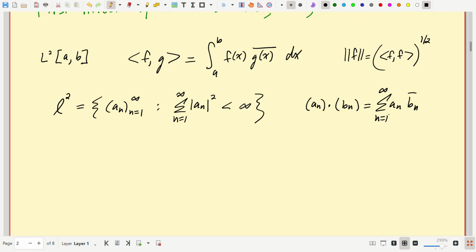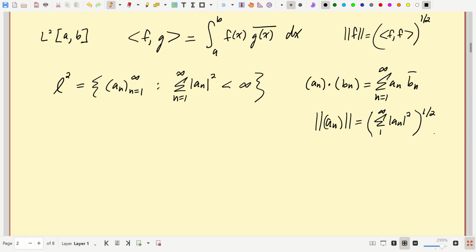And the norm of a sequence is going to be the summation of |a_n| squared, to the 1/2. Okay. And we've recently done the L2 version on the real line, so it's basically the same as the first line, except instead of integrating from a to b, you go from minus infinity to plus infinity.